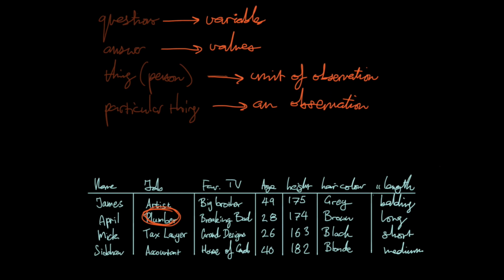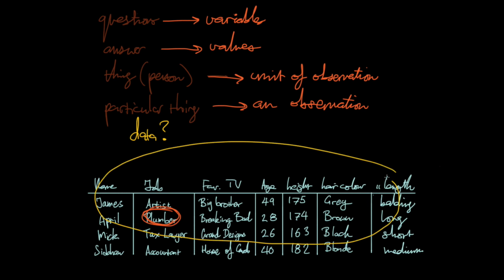And finally, we have to answer the question, what is data? Data is all of this. It's all the values for all the variables for each of our observations.